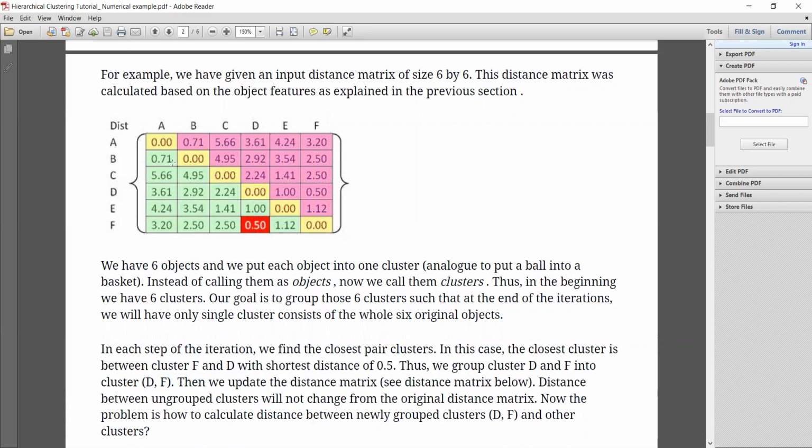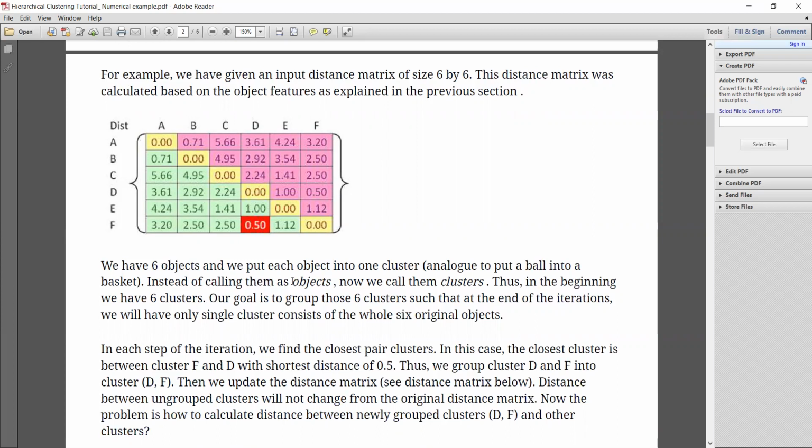Now how does this method start? We have 6 objects and we put each object into its own cluster. So in the first step, every object represents a single cluster. In the initial stage, every cluster has a single object only.